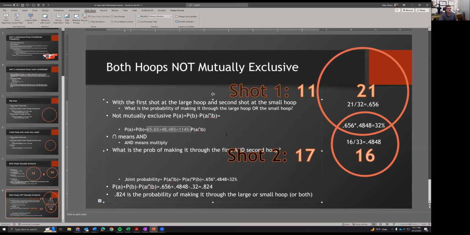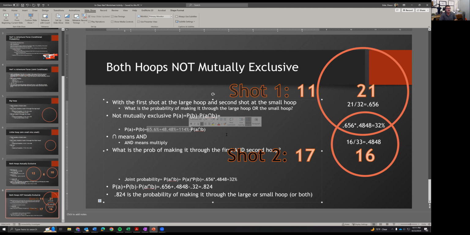First of all, there is no way that you could ever have a 114% chance of making it through hoop A or B, or making it through the big hoop or the small hoop. It's not possible. You cannot get above 100%.